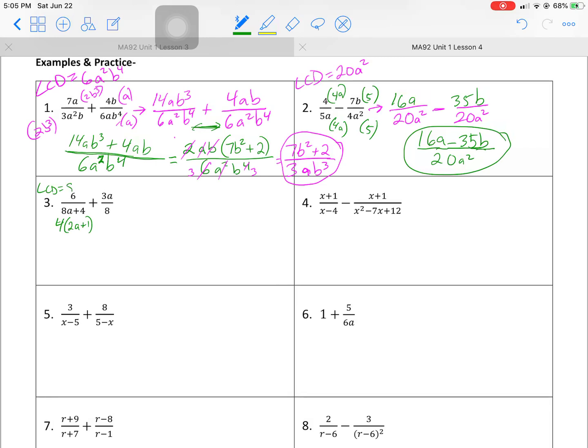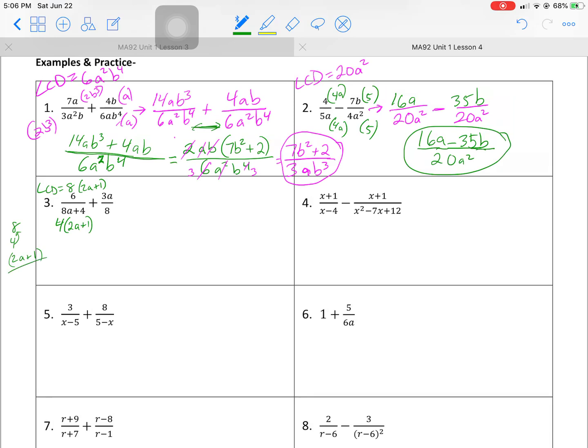It's going to be an 8. I can use the 8 and 2a plus 1, right? Think about it. We have a factor of 8. We have a factor of 4. We have a factor of 2a plus 1. The 4 can go in the 8, so we're covered there.